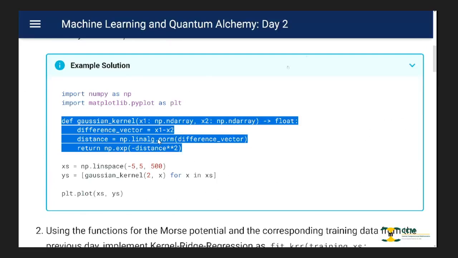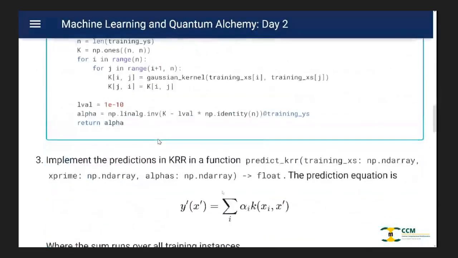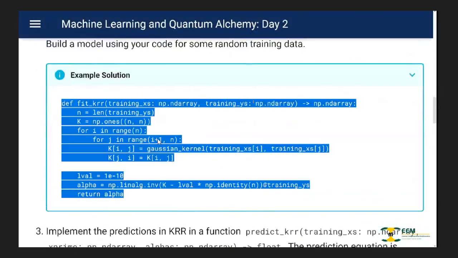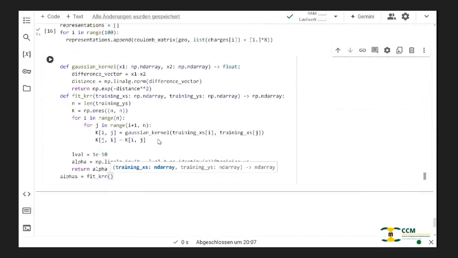So I need to copy the Gaussian kernel, and I need to copy the fit K or R. So now alphas should be fit K or R, where the training Xs are now our representation, because they used to be single scalar values, but now they're vectors. So that would be representations.